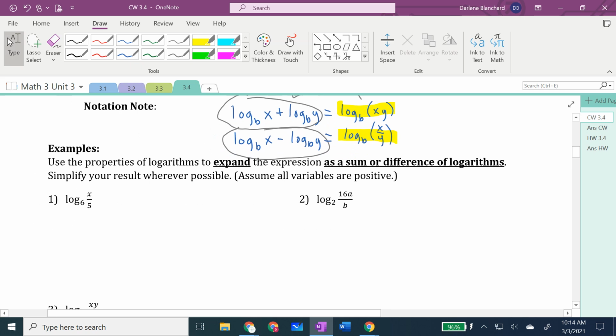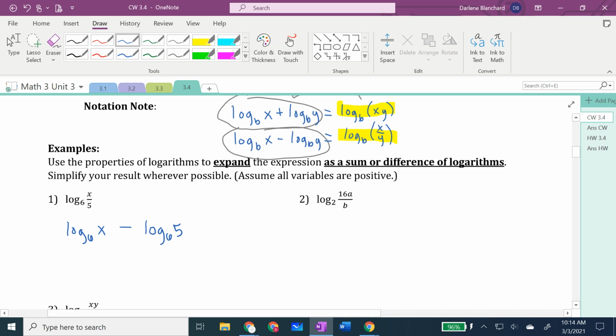So here we go. We're starting with one that's just using the new rule. You see inside the logarithm division, so you can expand the logarithm where you separate the x from the 5 into separate logarithms, and you are subtracting those two logarithms, and that problem is done.